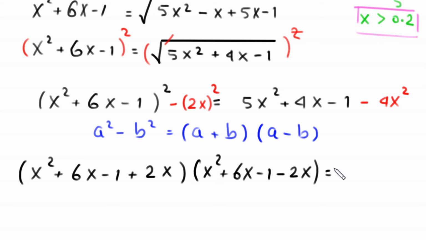The right hand side will become 5x squared minus 4x squared, which is x squared, plus 4x minus 1.